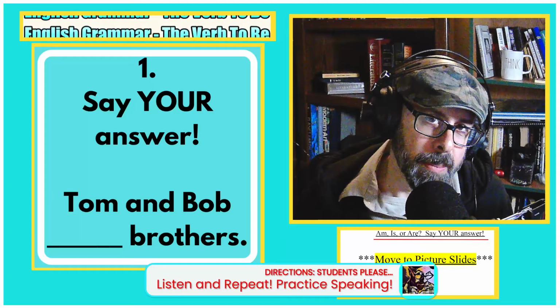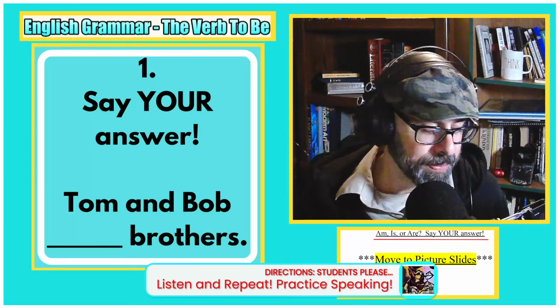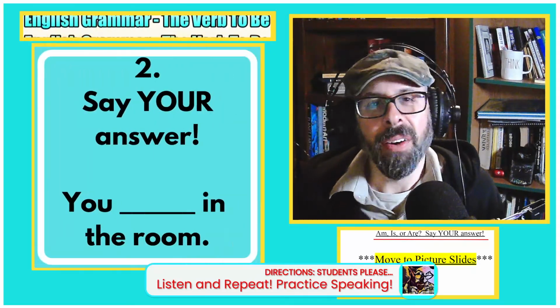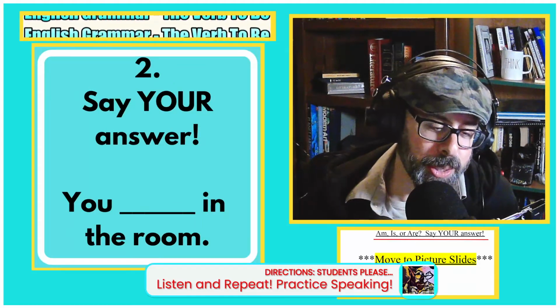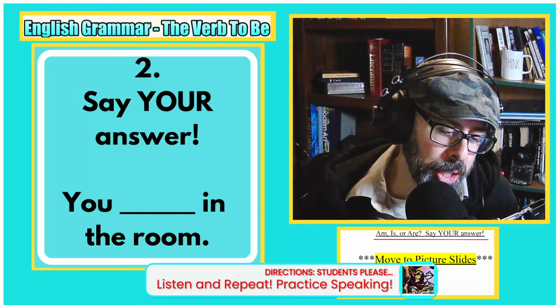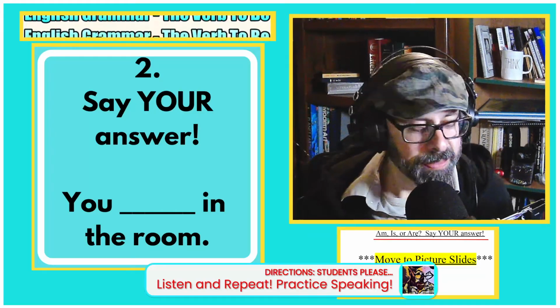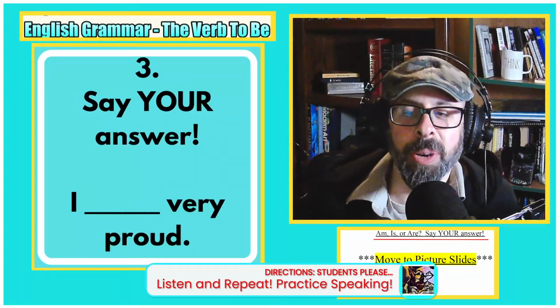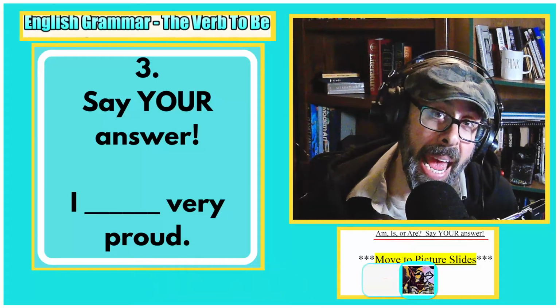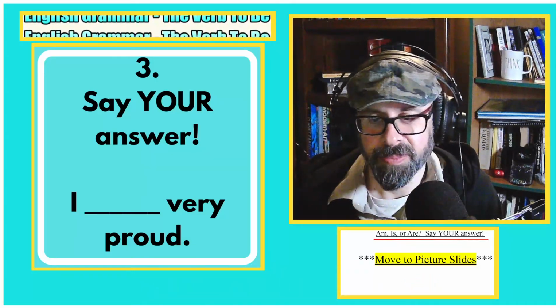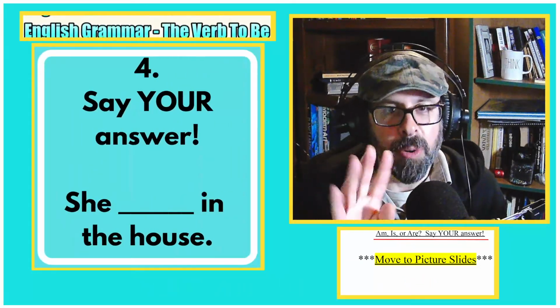Tom and Bob are brothers. Okay, number 2, repeat it. You are in the room. Number 3, I am very proud. Okay, number 4, repeat it.